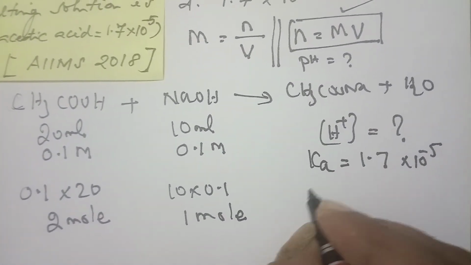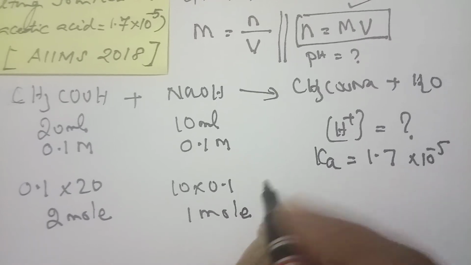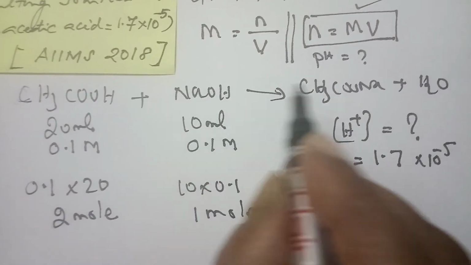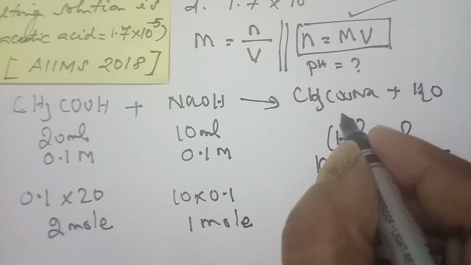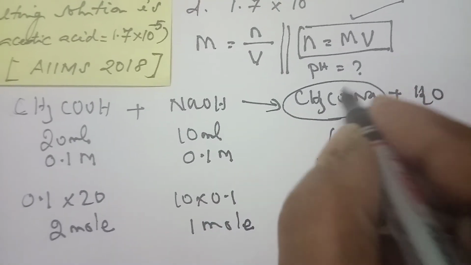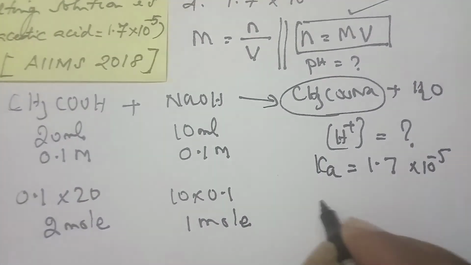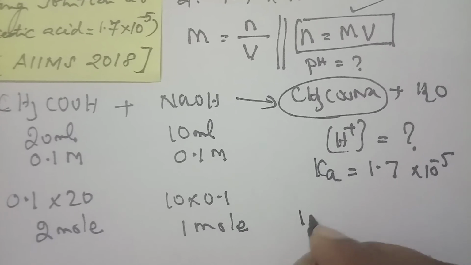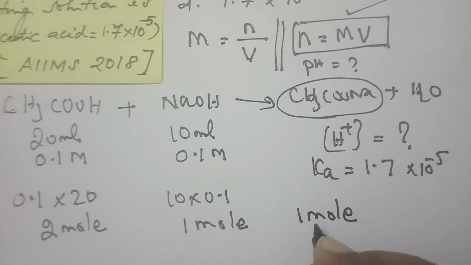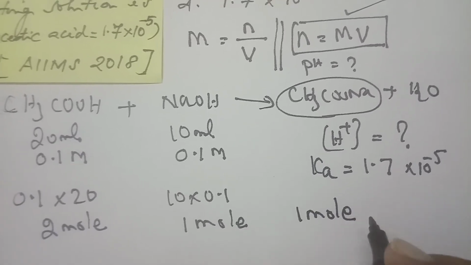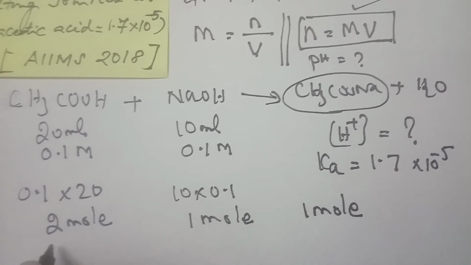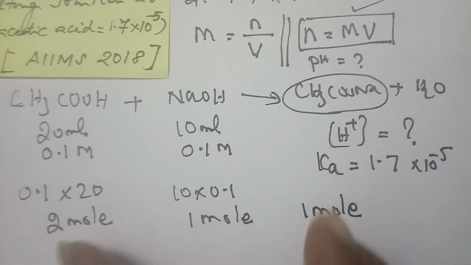It gives sodium acetate. Since 1 mole is giving 1 mole, from stoichiometric knowledge there is a formation of 1 mole of the salt. Now the reaction equation is ready.